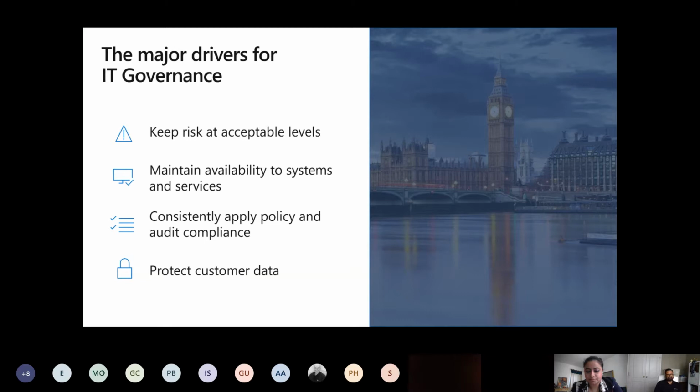Every organization has some sort of acceptable risks. So we make sure that we run a very organized and managed environment that is mitigating all the risks and keeping them at the bare minimum level. We also have corporate policies that we want to apply to all these. So I'll talk about some of those things that cloud supports from a governance perspective.